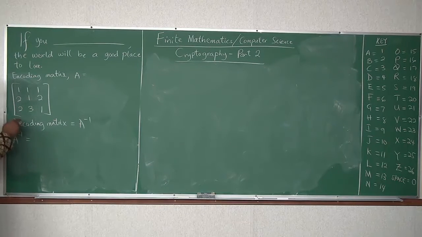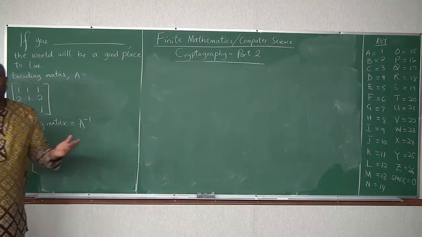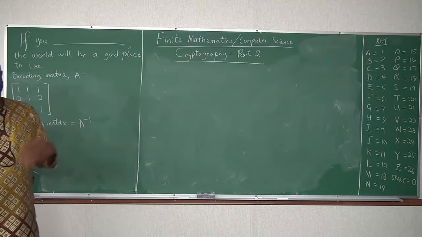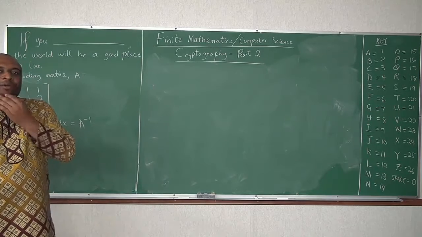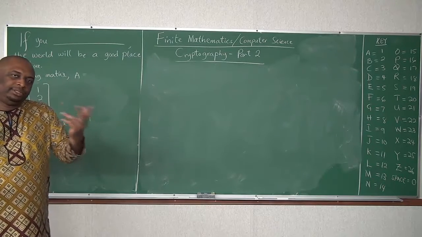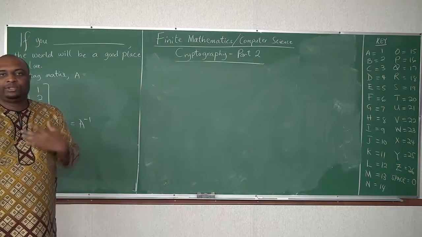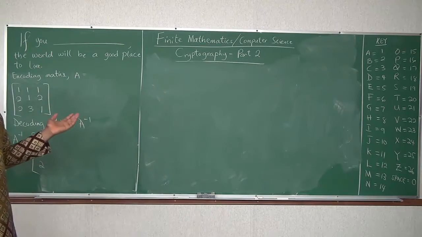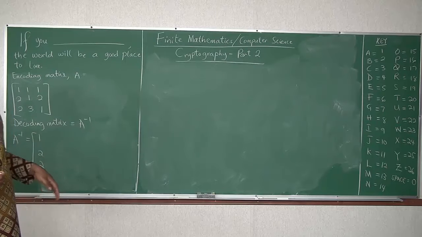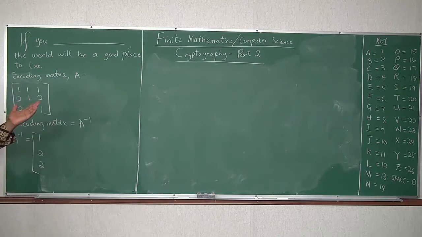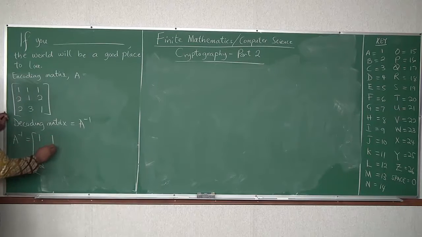If you view the video on the inverse of a 3x3 matrix, you can either use the formula method or the row reduction method. I prefer using the row reduction method. It is faster for me.